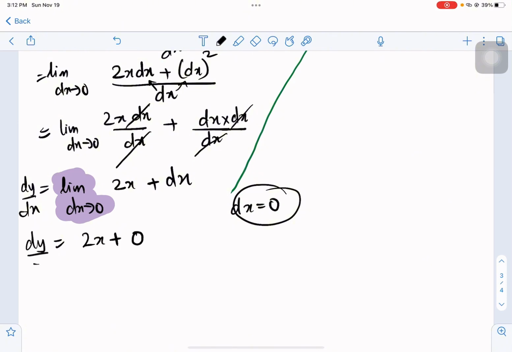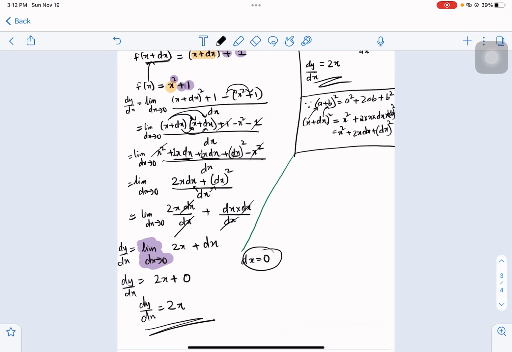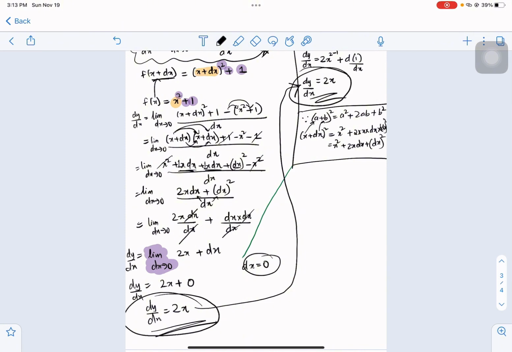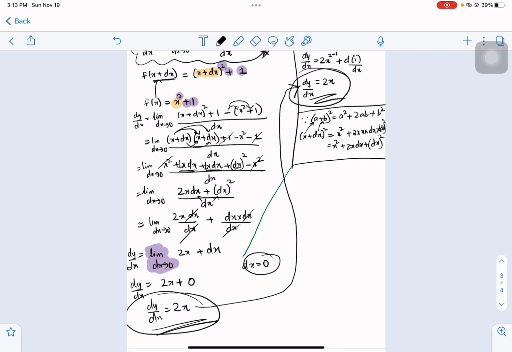So you will find the final answer, that dy over dx equals 2x. If you check, when you took the formula method, you got the value as 2x, and the answers are matching, right? That means you are correct.